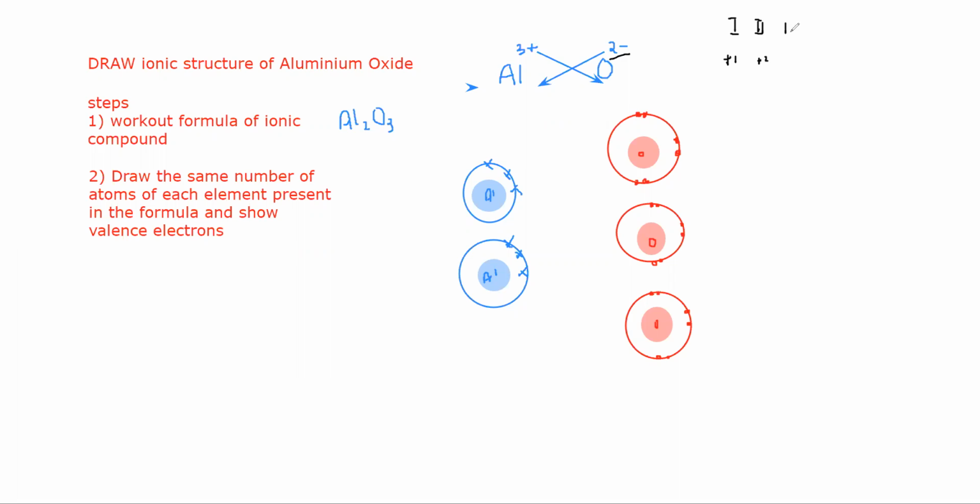Group 3, +3. Group 4, -4. Group 5, -3. Group 6, -2. Group 7, -1. And group 8, the valency is 0.